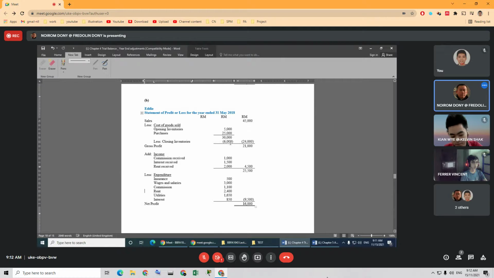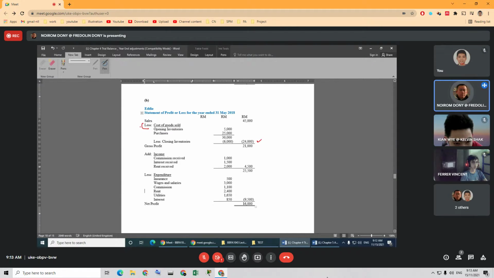Then after we get the net amount, we put it into the third column. Remember, this is minus, so less. Look at this sign. Less meaning negative, negative 24, then minus 21,000. So this is your gross profit.